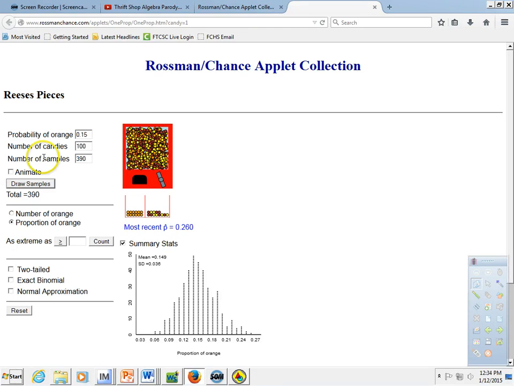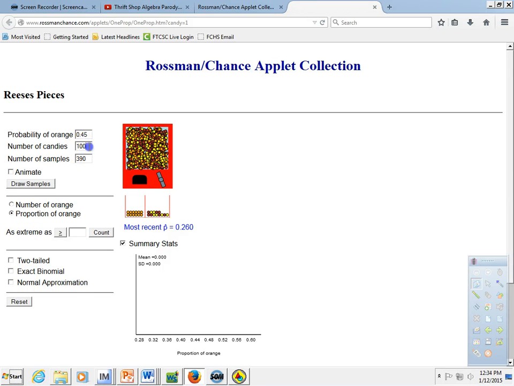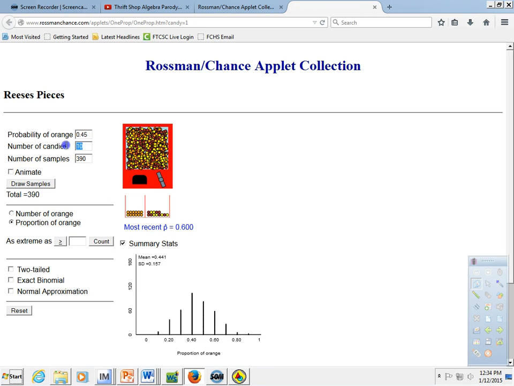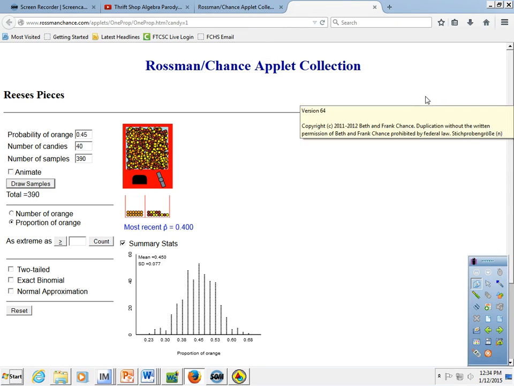As a matter of fact, if we did the same process but used the 0.45 that we did before, you're going to notice something. Not quite normal, getting closer, right? We're getting closer to normal a lot sooner. And so the shape is also affected by the population parameter, the population proportion. Now, how does all this stuff pull together? That's what we want to get to now.